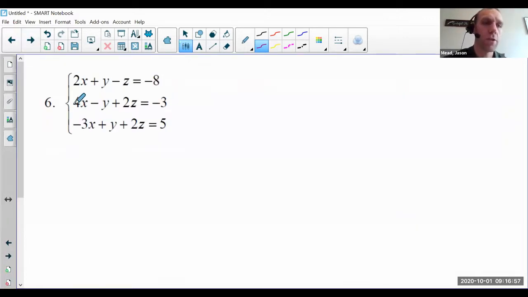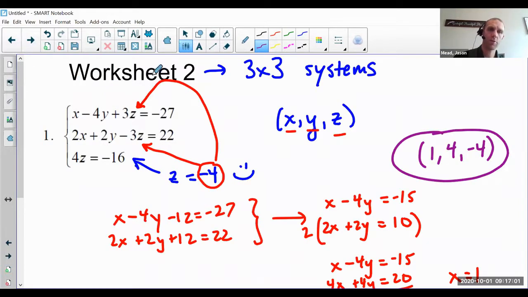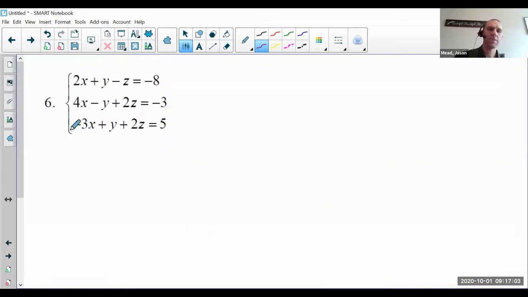Okay, so we're going to do problem 6 on worksheet 2 also. This was problem 1 on worksheet 2. Problem 6 is a little bit more complicated. But if you notice, all of the y's are just singular y's.